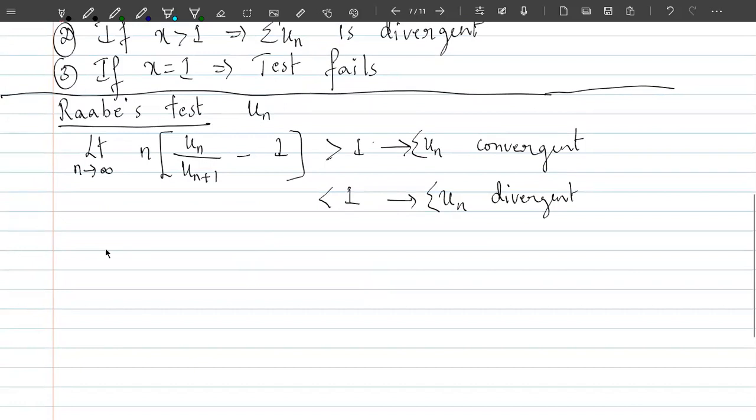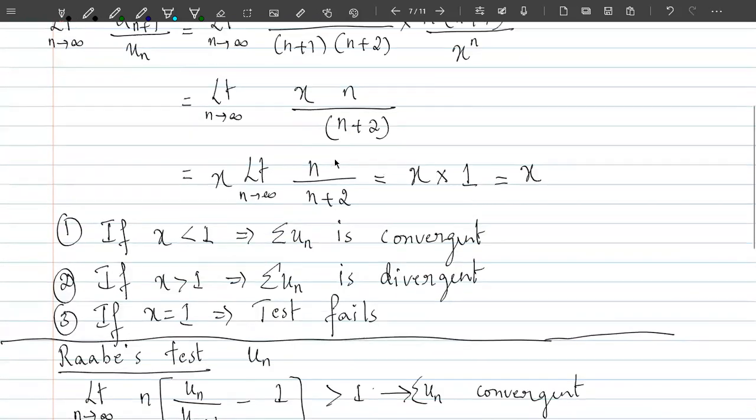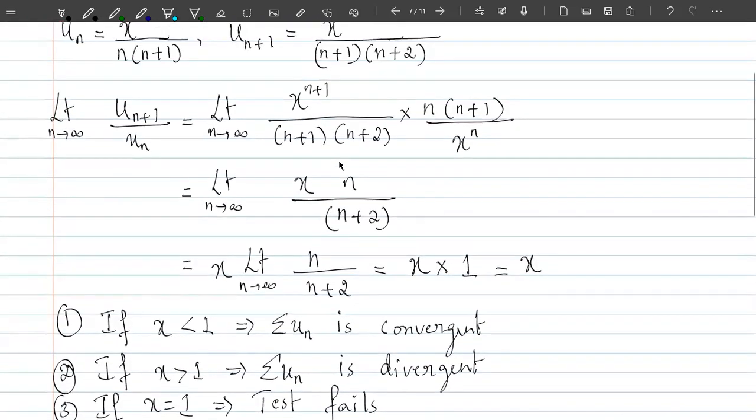Let's see what happens in this case. That is, if you take the given case here, that is if x is equal to 1, what do we have to calculate here? We have to find limit n tending to infinity n into un by un plus 1 minus 1. For this particular problem, when you had calculated un plus 1 by un, what was your answer? Your answer was this.